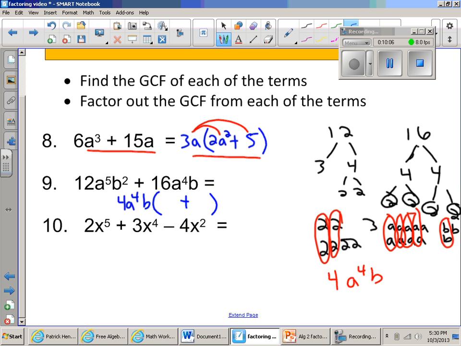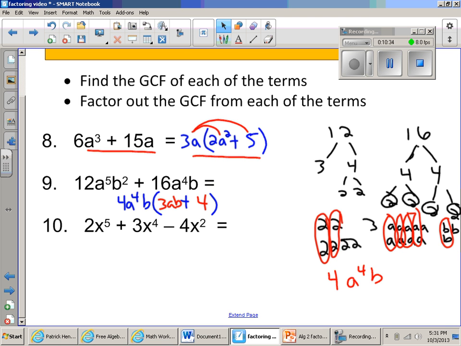What's left in the first row once I take my GCF out? 3AB. What's left in the second row after I take the GCF out? Just 2 times 2, which is 4. Can I check this? Yes. How do I do that? Problem in Y1, answer in Y2.